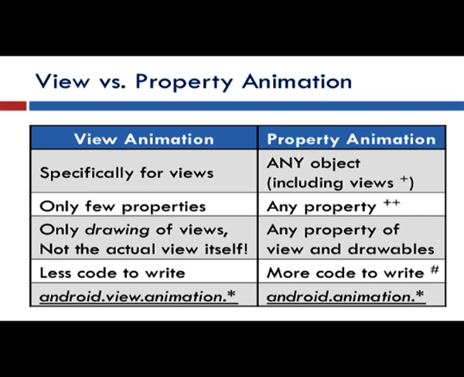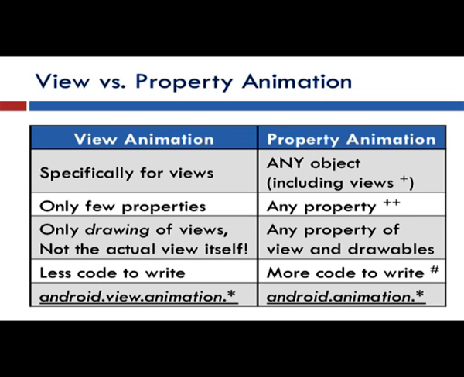Views are also objects, so it can be applied on anything. The second difference is view animation can be applied only on a few properties, for example translation, rotation, or the x and y position. However, since in property animation we are dealing with any object, it can be applied on any property. I will explain this in detail later. So what does any property mean?